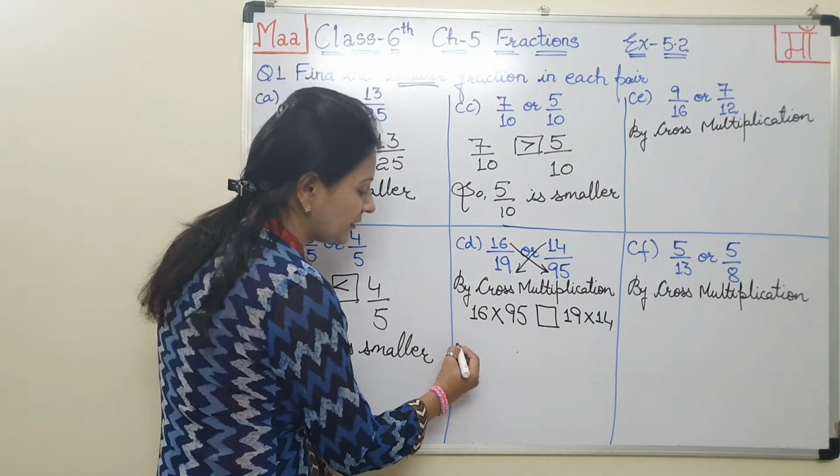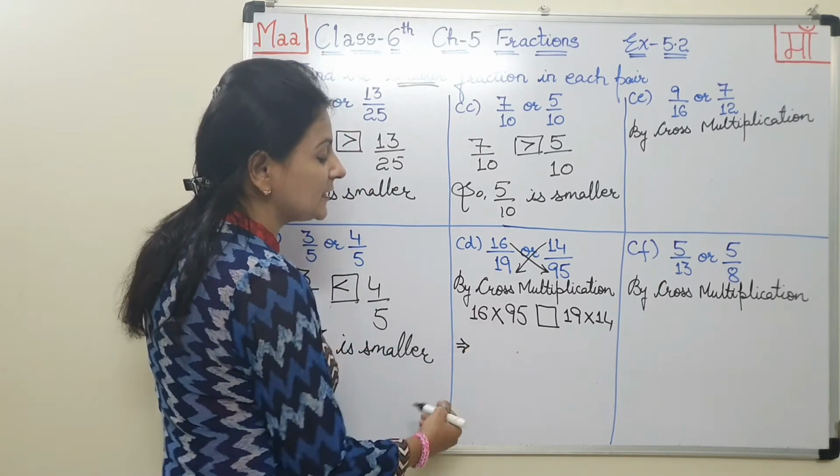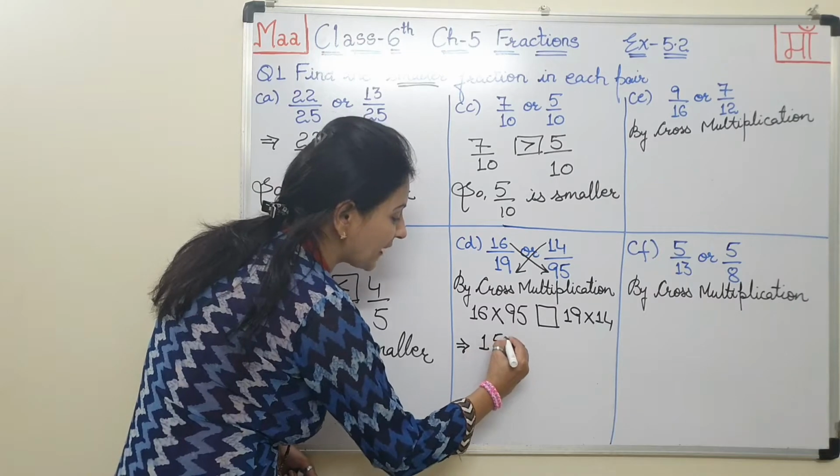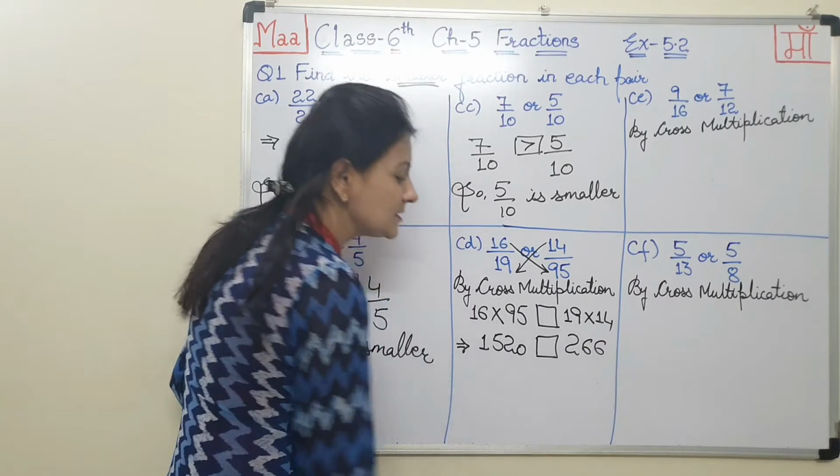Okay, and then we will write the result of multiplication. So when you multiply 16 and 95 you will get here 1520, and this side you will get 266.